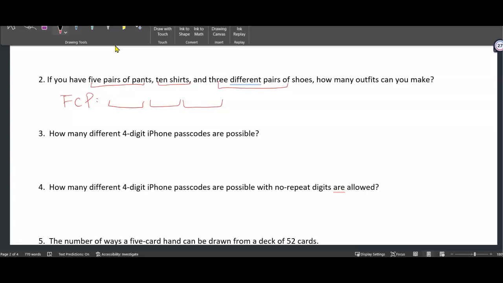Okay, so then I just multiply them together by the fundamental counting principle, and there's no other way we can do this. And so then you have 150 possible outfits. Okay, hopefully I did my math correctly. I did my mental math.